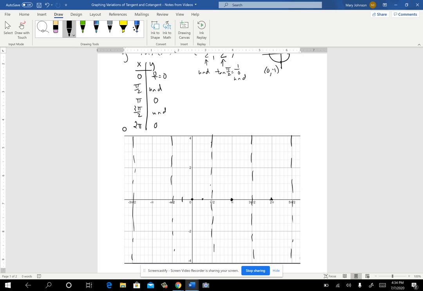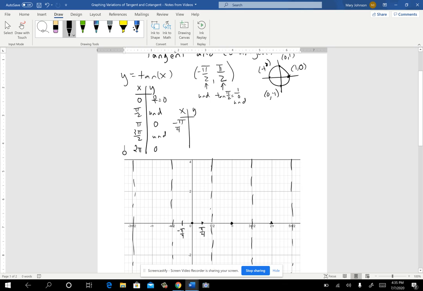For the tangent one, I want to find these in between values at pi over 4 and negative pi over 4. Instead of doing the usual ones, I'm just going to add a few additional ones. If I look at negative pi over 4, that would be right here.